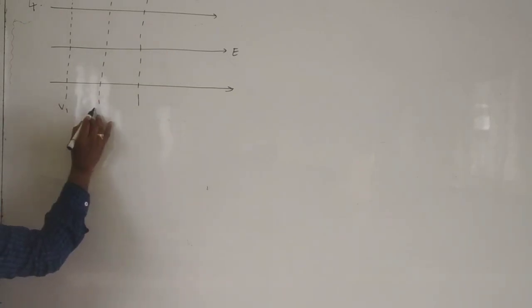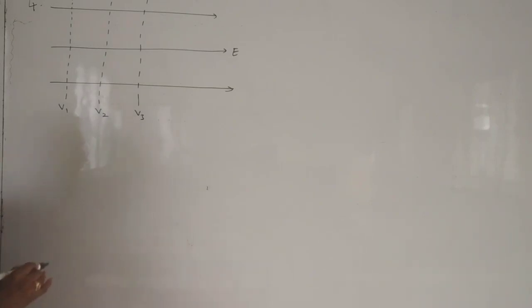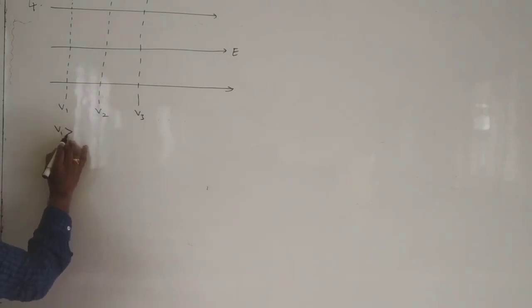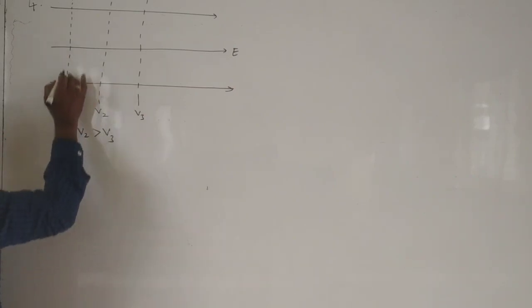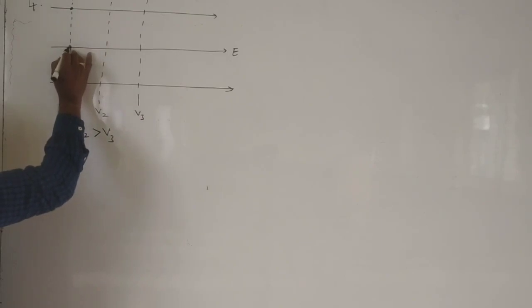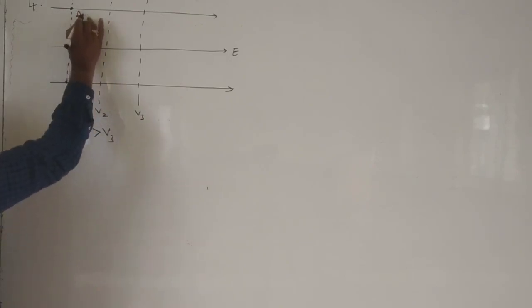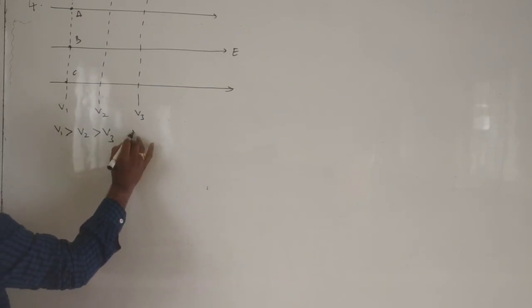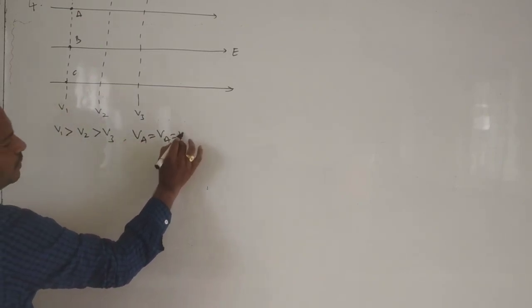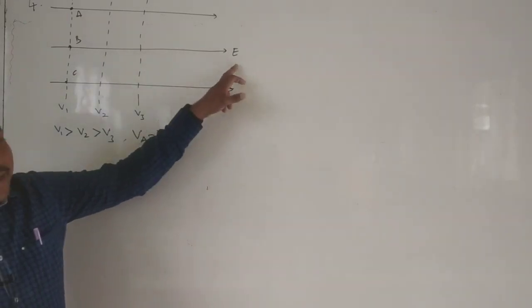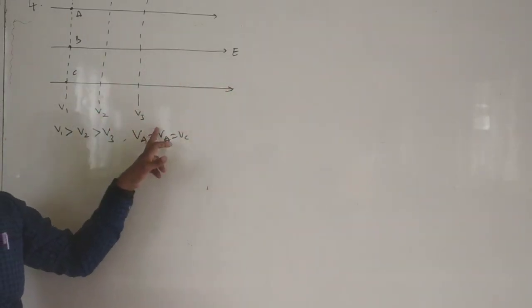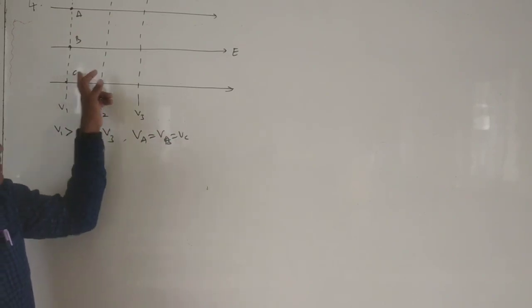Here potential V1, potential V2, potential V3. So potential V1 is greater than V2 greater than V3. And suppose we consider point A, point B, point C. A, B, C have the same potential. VA equals VB equals VC. But you see, in the direction of electric field, potential decreases. It's a very important point. In the direction of electric field, potential decreases.